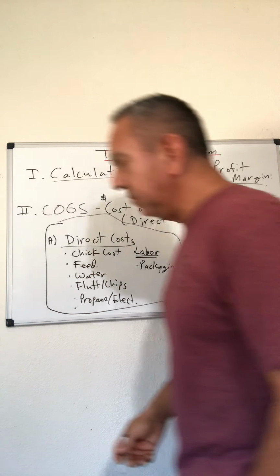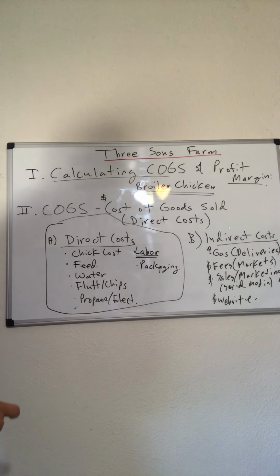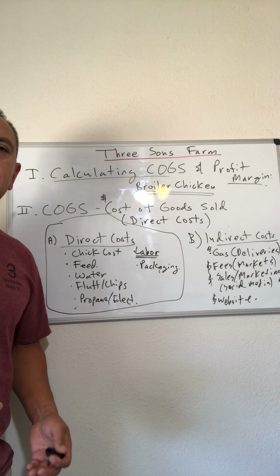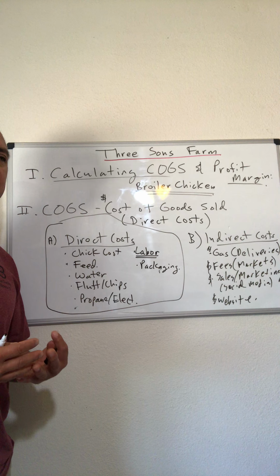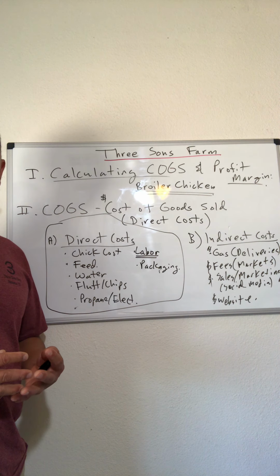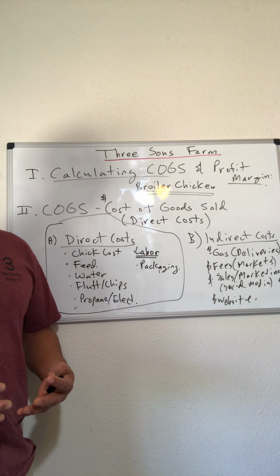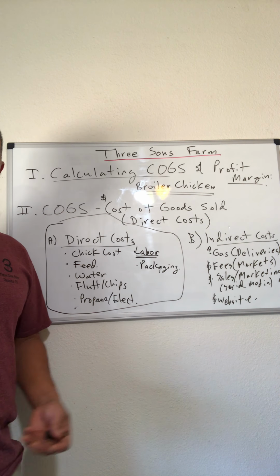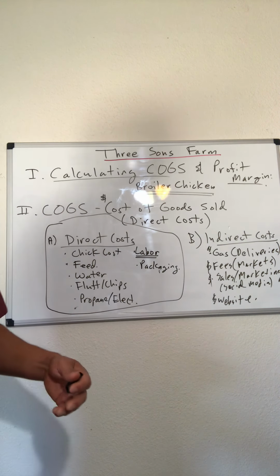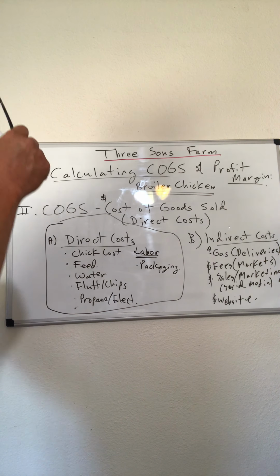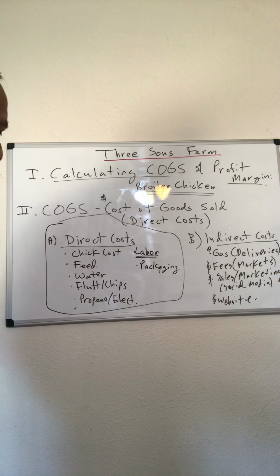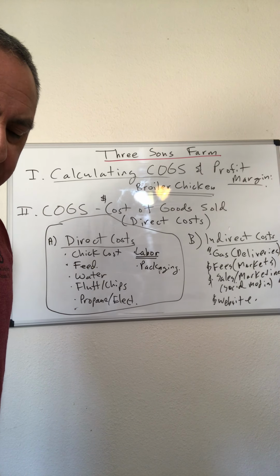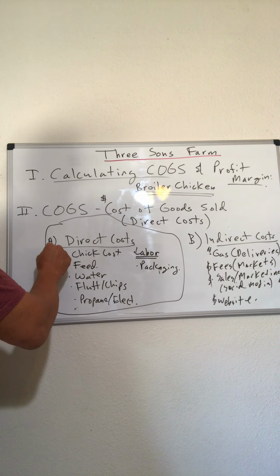All right, so let's throw some numbers up here just to get an idea of how we do this. And I don't want you to get bogged down too much by the prices of things because it's going to vary depending on the quantity, your resources, where you live, things you have access to. So just for the purposes of this calculation, for the chick cost, I think I have something like $3.50.